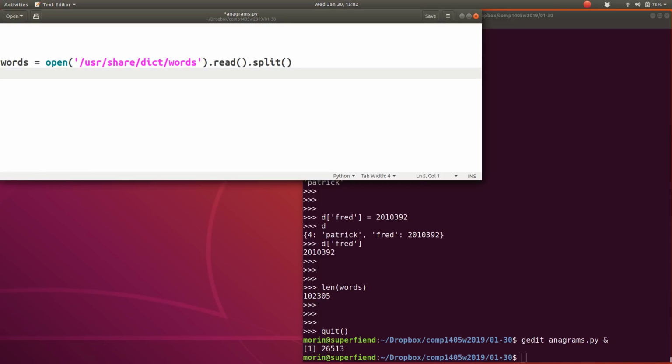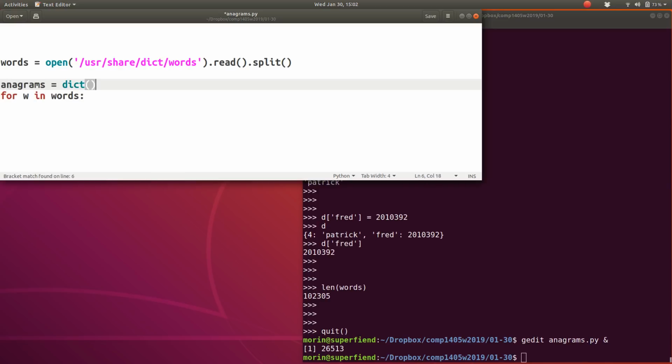Okay, and so what do we want to do? We want to say for w in words, we're going to make a dictionary called anagrams. And it's going to be one of these maps from something onto lists of words. Okay?